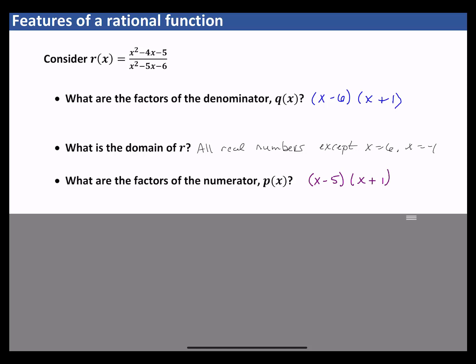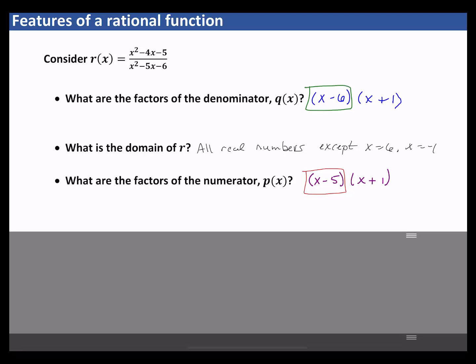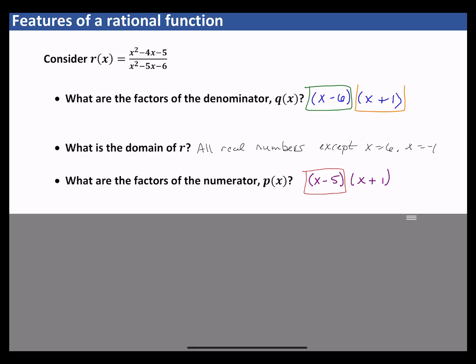So for this function, only the numerator equals 0 at x equals 5 from the factor x minus 5. Only the denominator equals 0 at x equals 6 because of the factor x minus 6. And notice that the denominator and the numerator both equal 0 at x equals negative 1 because of the common factor x plus 1.